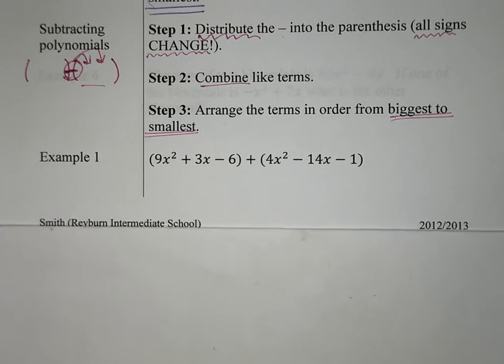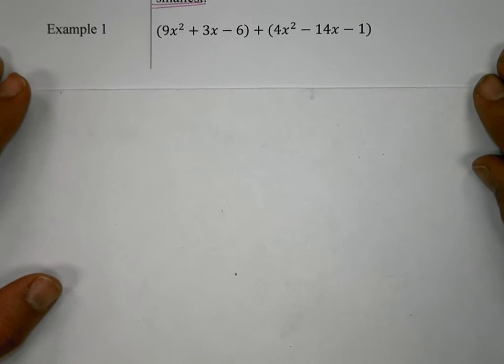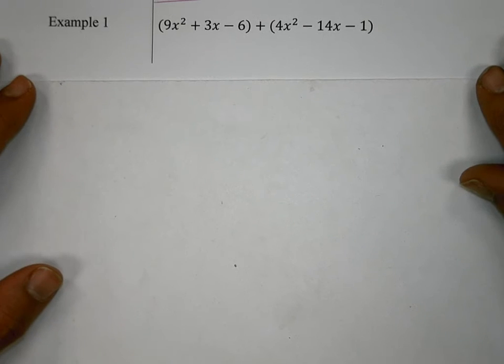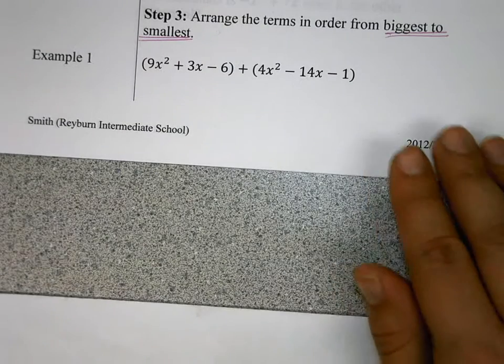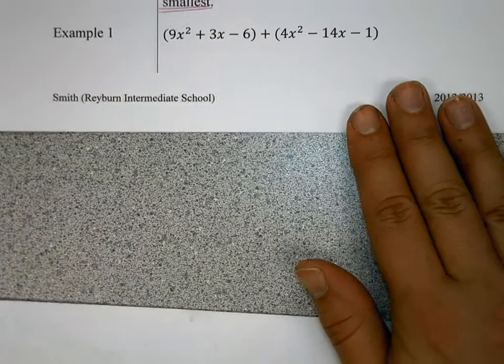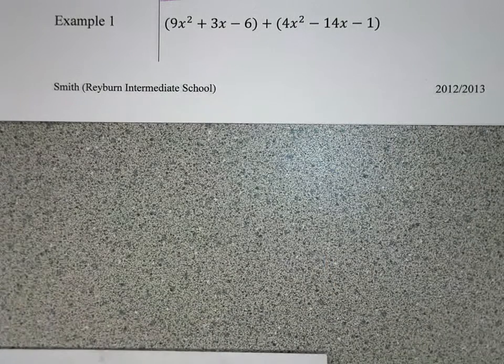Okay, so let's look at example 1. Example 1 gives me 9x squared plus 3x minus 6. That's one polynomial.